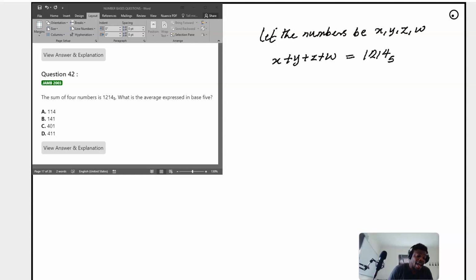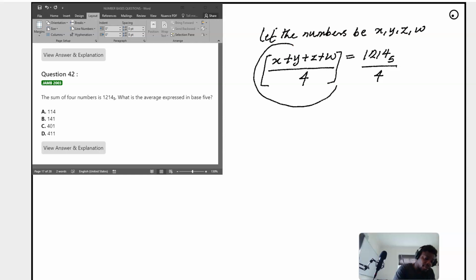So we are looking for the average. And you know, if you're looking for the average of 4 numbers, the sum is divided by 4. That is what it means, right? So we are looking for this part here, the average of 4 numbers. This is what we are looking for. So this is the average. Is equal to, this is in base 5, right?